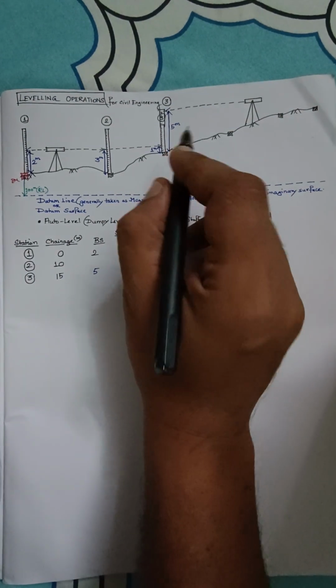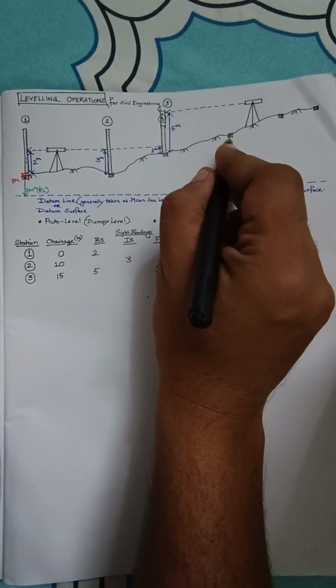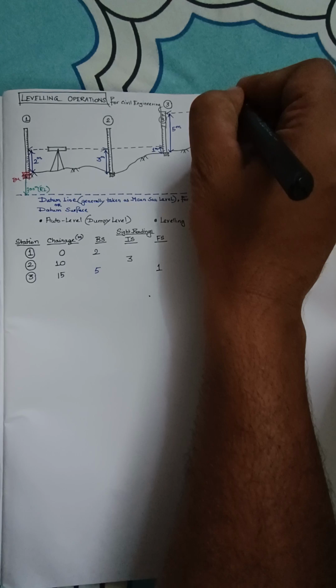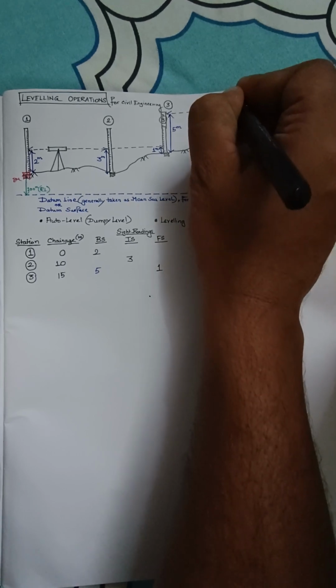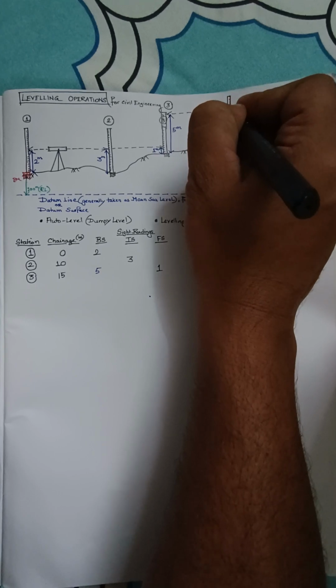Again, this is done. From here, again, we have to take this leveling staff somewhere at this station, which is station number 4. As you can see, station number 4, we have already shifted this, and this station number 4 is well visible from this new setup of the dumpy level.